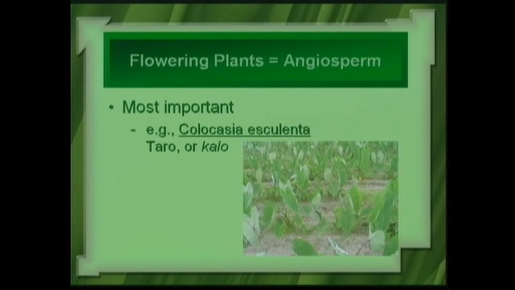One of the reasons we underline, italicize, or bold these names is that they are either Latin or Latinized, so we set them apart from the other words in the text.